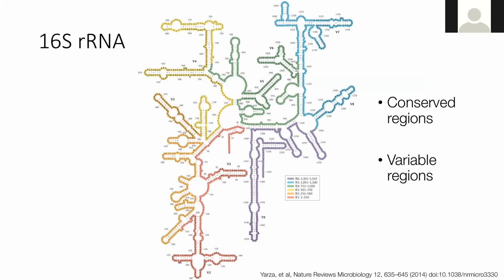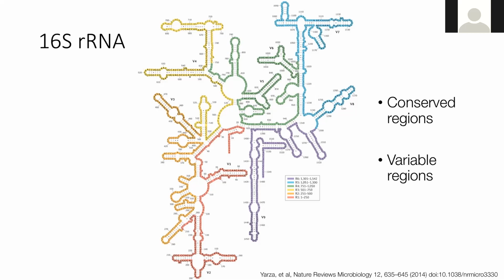This is the 16S ribosomal RNA, and this is all the local hydrogen bonding that takes place to make these stem loop structures. And it's been divided and colored into different regions. So we have 6 different regions that are identified here, and some of them are conserved and some of them are variable. And you can see regions V1, V2, V3, all the way up to V6 indicated near each of the colors.